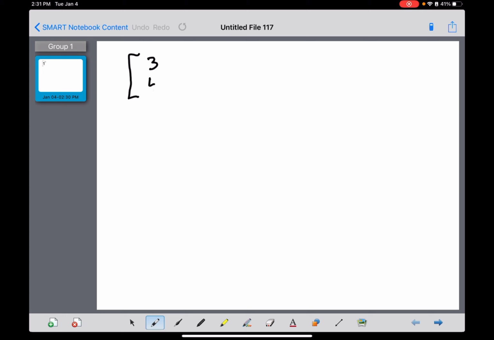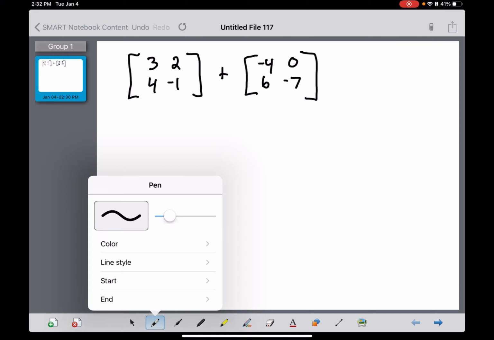If we have 3, 4, 2, and negative 1, and we add to that negative 4, 6, 0, and negative 7, we're going to take these two matrices and add them together. The first thing we wanted to do was make sure we could do it, so they had to have the same dimensions.